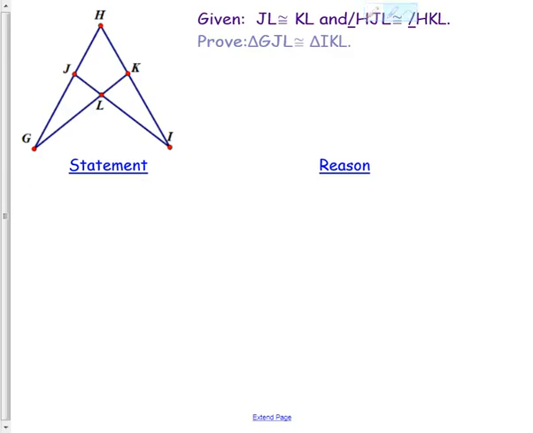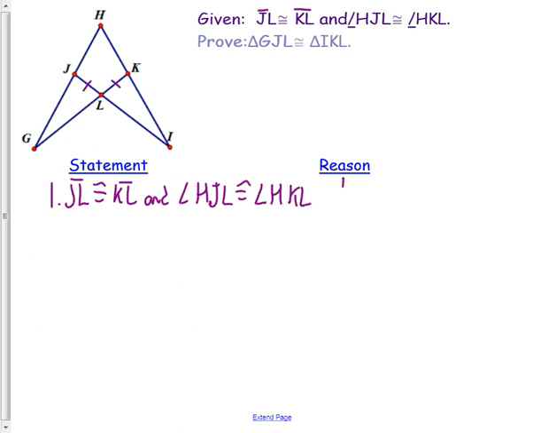Our next proof, we are given that JL and KL are congruent. So JL and KL are congruent. And angle HJL is congruent to angle HKL.